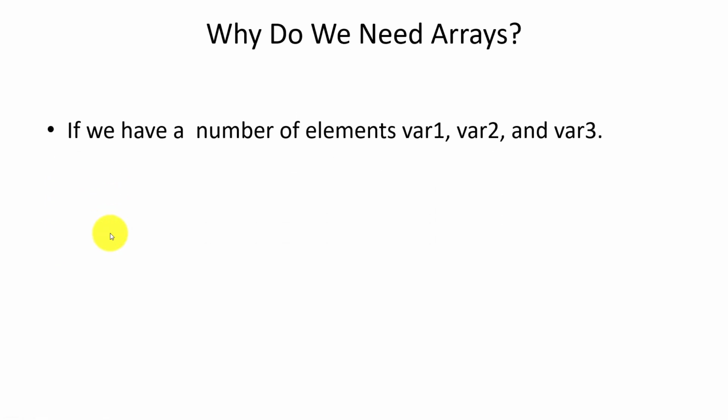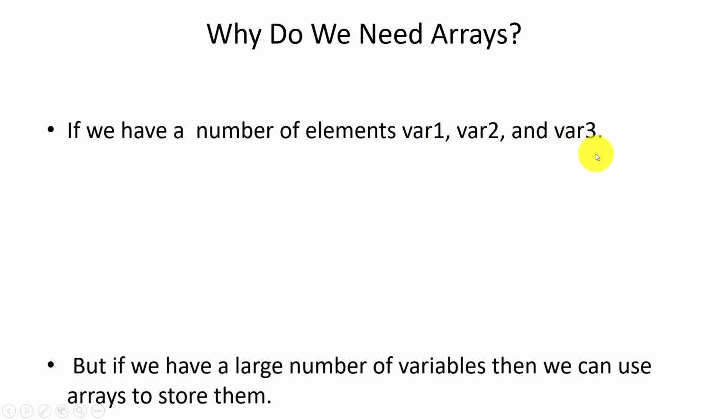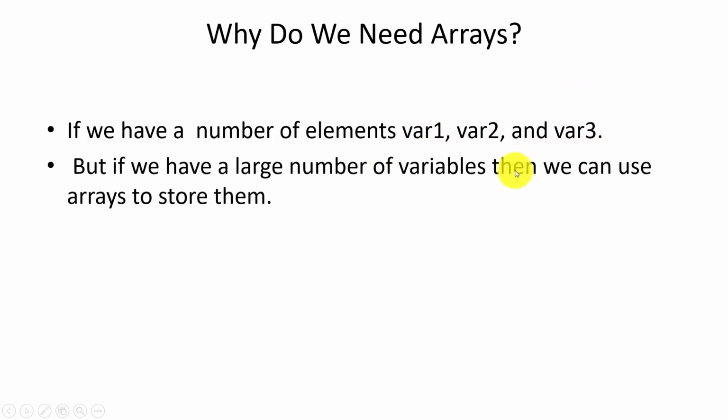Let's understand this with an example. If we have three variables, variable 1, variable 2 and variable 3, and each is assigned some value, like 10, 20 and 30 respectively, we can use an array to store them.